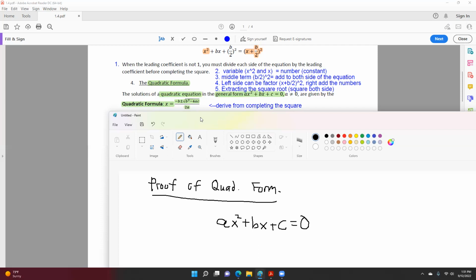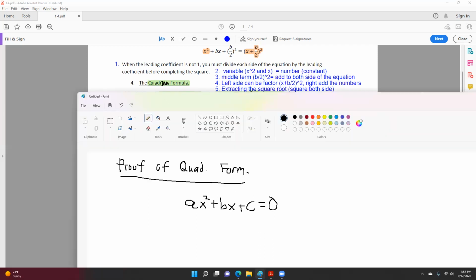So what do we do with this general form? We perform completing the square. The first step is to make sure your leading coefficient is 1. Unfortunately, we have an a as the leading coefficient, so we have to divide the equation by the leading coefficient. I divide everything by a.